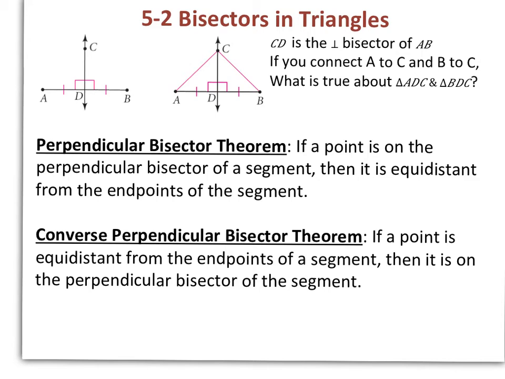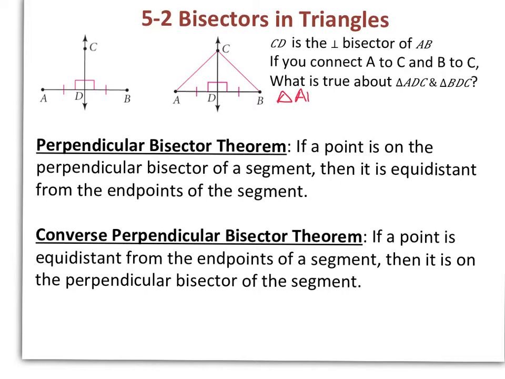Section 5.2, we will look at bisectors and triangles. Looking at our first diagram at the top, it says CD is the perpendicular bisector of AB. If you connect A to C and B to C, what is true about triangle ADC and triangle BDC? First thing that's true is that they're both right angles.